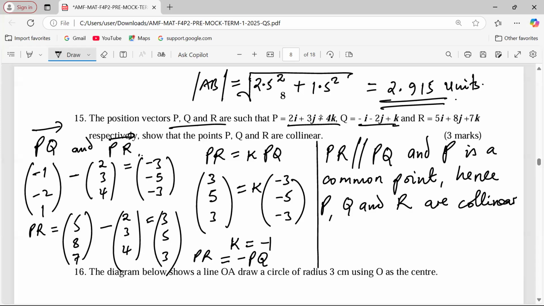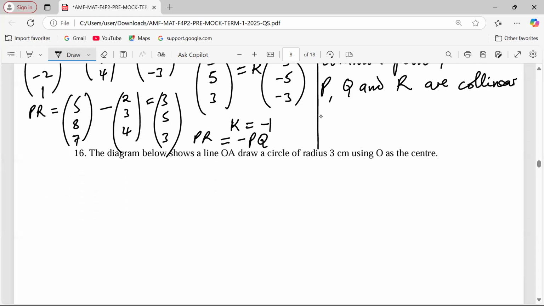So collinearity is usually shown when you confirm that two vectors amongst the provided position vectors are parallel to one another, and one point of the two vectors is a common point. Then we say that collinearity is there.